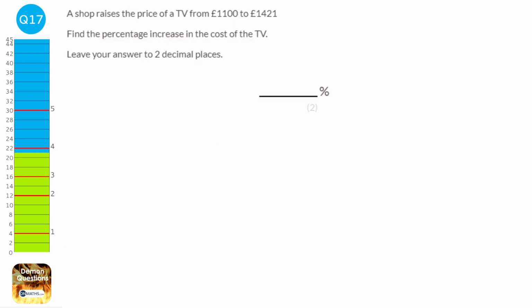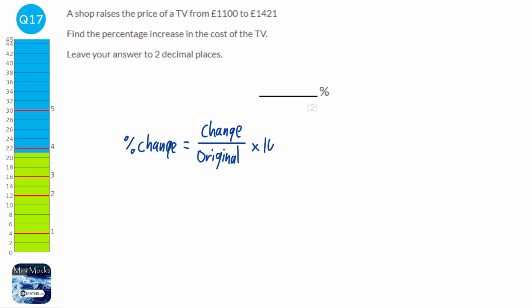So there's a formula for percentage increase or percentage change. And it is the change over the original amount times 100%. So to find out the change here, we're going to do the difference between 1,421 and 1,100.